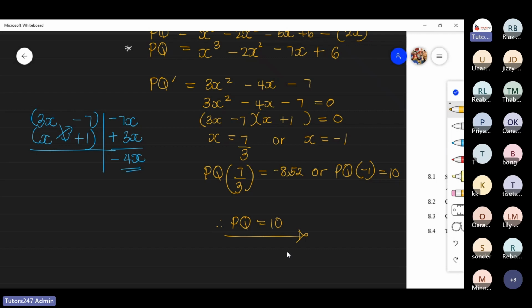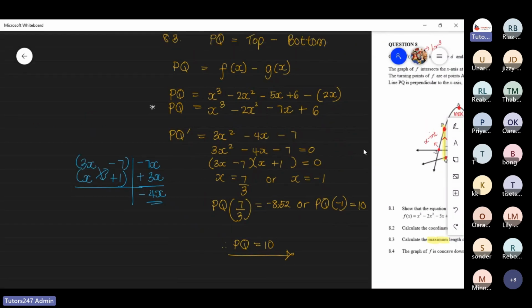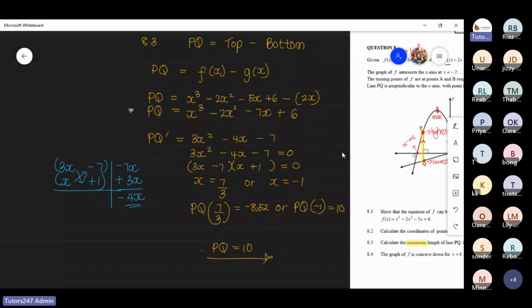So this is the maximum value or the maximum length of PQ. Keep in mind that if the question stated what value of x produces the maximum length of PQ, your answer would be -1. So if they specify what value of x, you write down the x value.